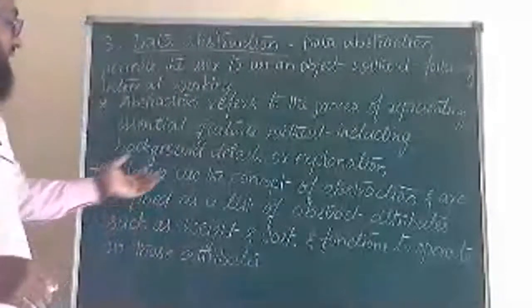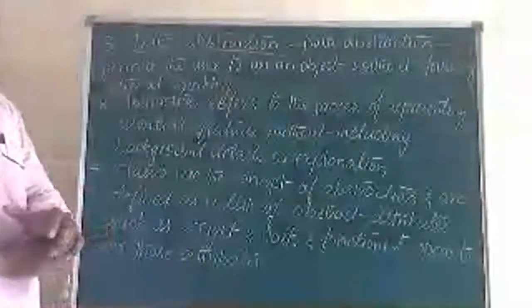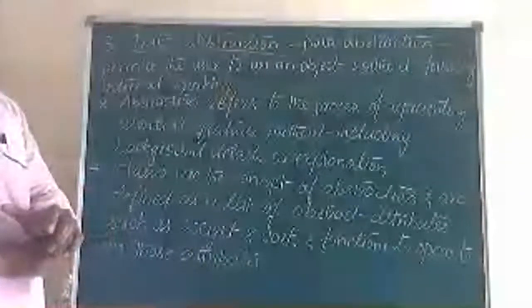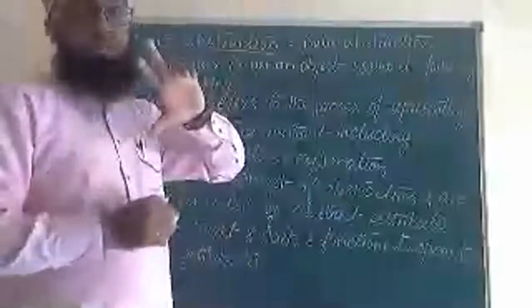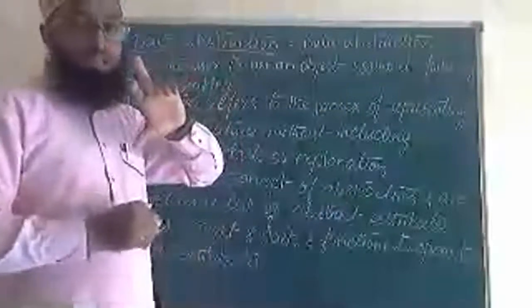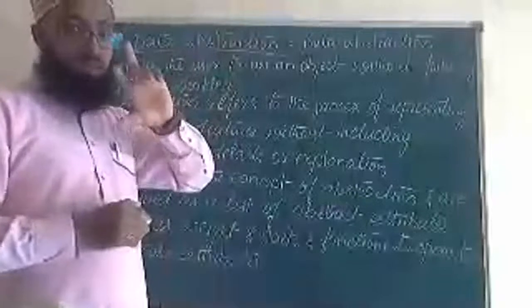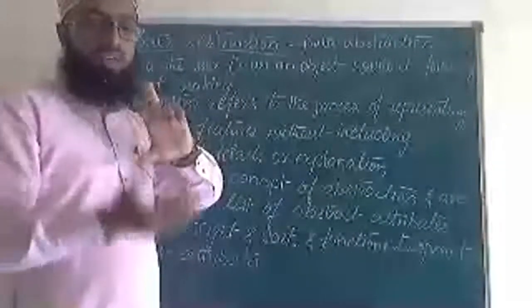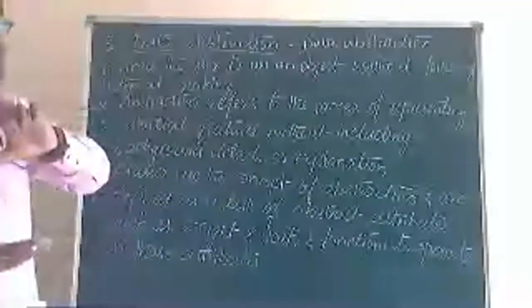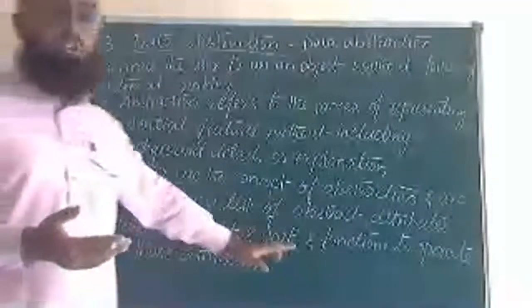And here, classes use the concept of abstraction and are defined as a list of abstract attributes. A thing and its attributes are listed under an abstract. If we take a class, its attributes are defined from the abstraction, just like weight or cost of a thing.